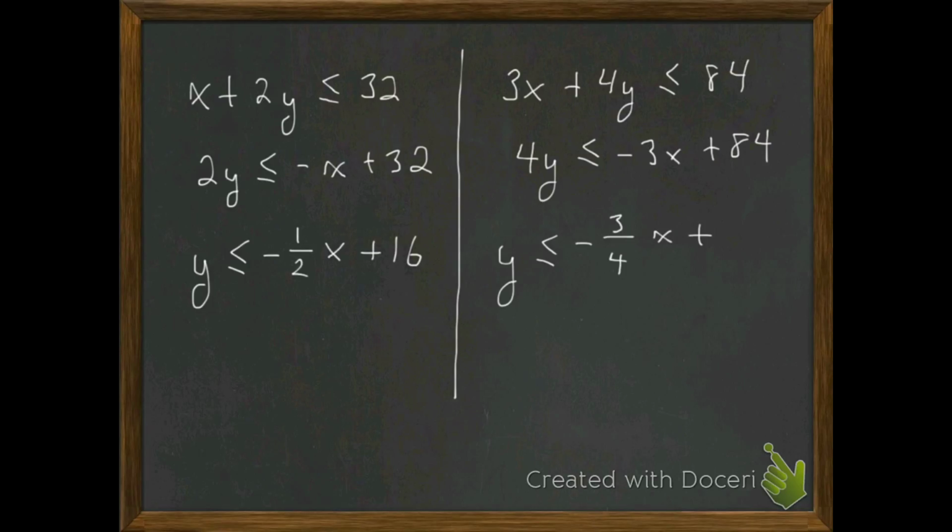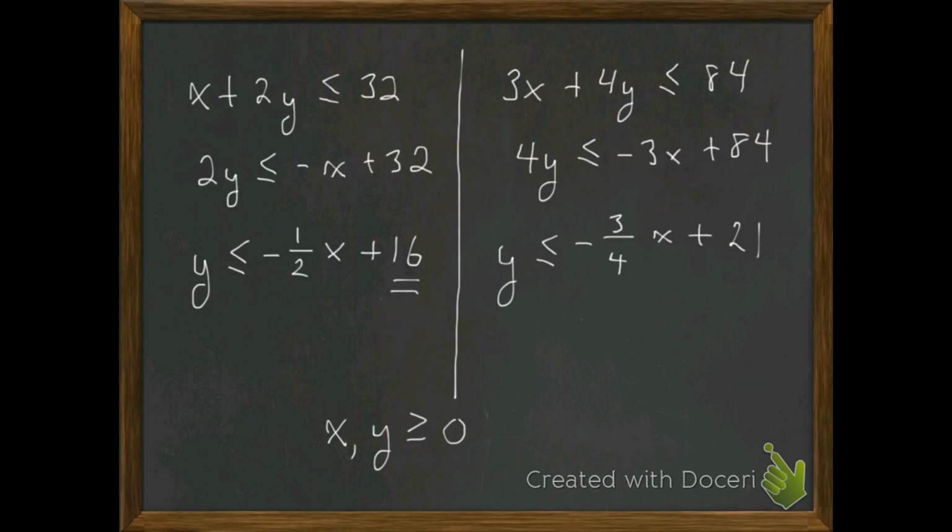Let's see, 84 divided by 4, was that 21? Now, keeping in mind we have two additional constraints. Must be greater than or equal to 0. Okay? Now, guys, we can get a lot of information about our region we're going to graph these things over.